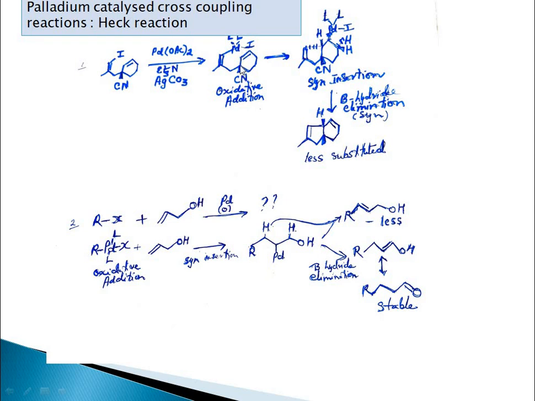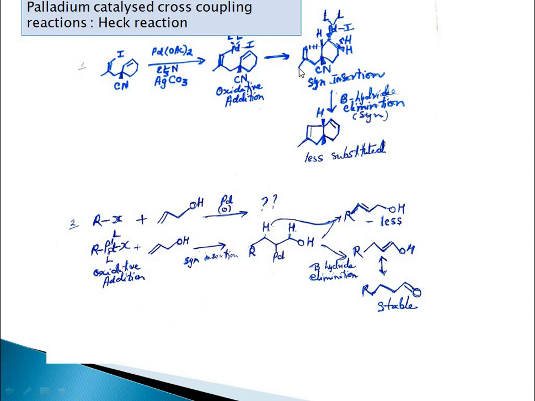Now, if this CN is towards us, that means this C-C bond will be away from us. This is towards us. This is a cyclohexane ring. So this is towards us, and this will be away from us. So if this carbon forms a bond with this carbon, because now a cyclopentane ring has been formed here, it should be such that this carbon-carbon bond and this carbon-carbon bond are on the same side.